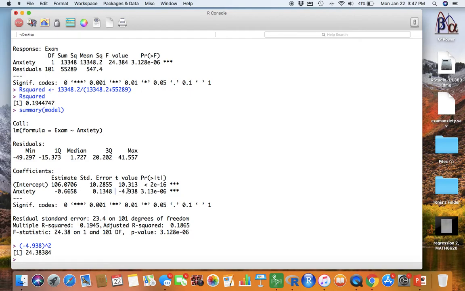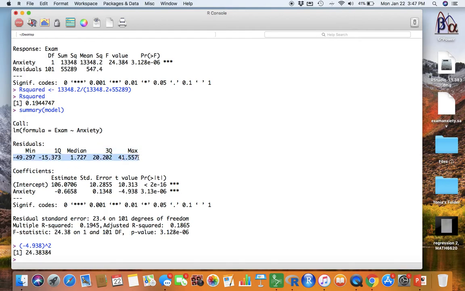So, not stumbling through it, I'm going to give you a formal definition. As anxiety score increases 1 unit, the predicted exam score decreases by 0.67 units. This predictor is statistically significant at the 0.001 level.